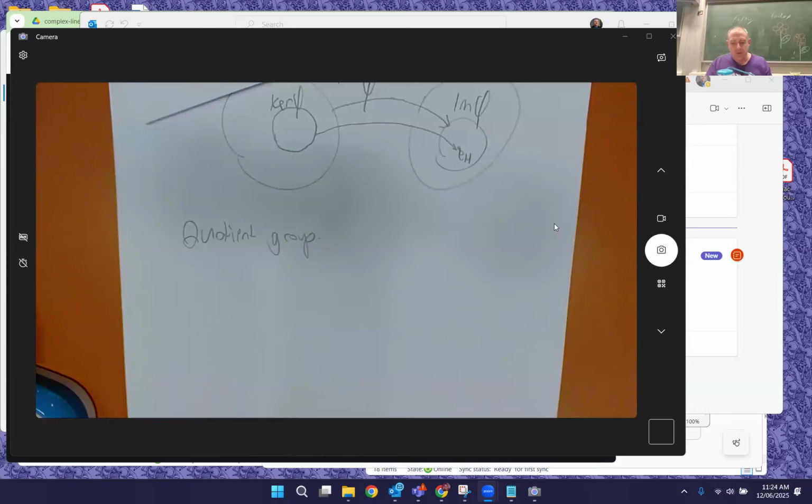So a quotient group, I will use not H because we've already used H for the output.